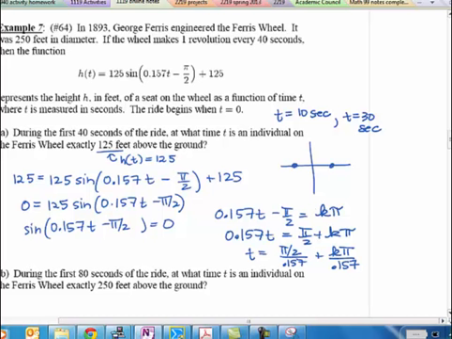And if we add another, we can see that was just basically 20 seconds that we added on. So another multiple of that is going to take us past the first 40 seconds. So we'd say t equals 10 seconds and t equals 30 seconds.